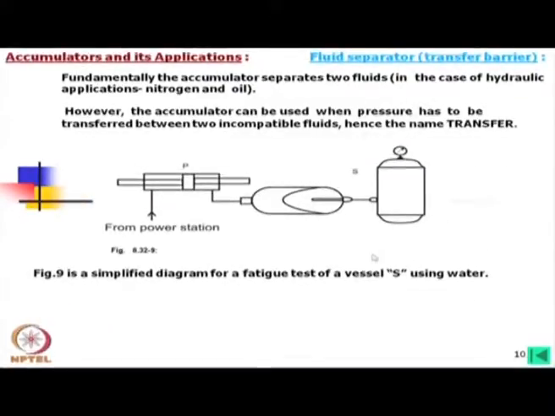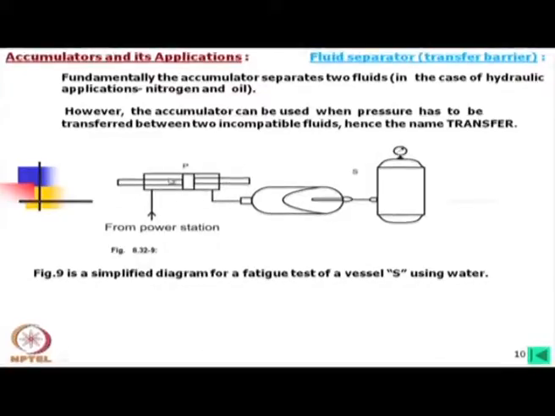Now, this is a very simple system that is shown. Suppose we consider figure 9, a simplified diagram for a fatigue test of a vessel using water. In that case, we are doing fatigue testing of this cylinder, and here we are creating pressure by the oil, but inside there is water and this is separated by an accumulator.